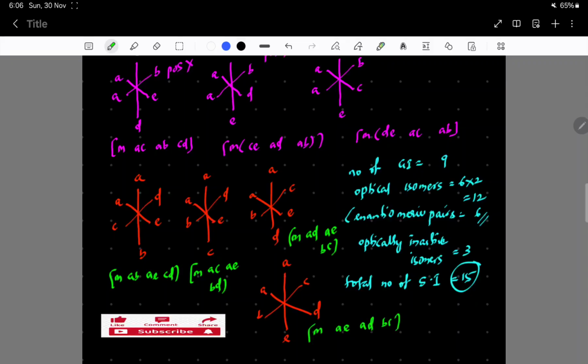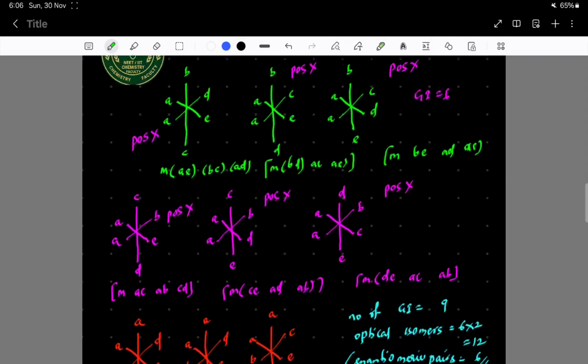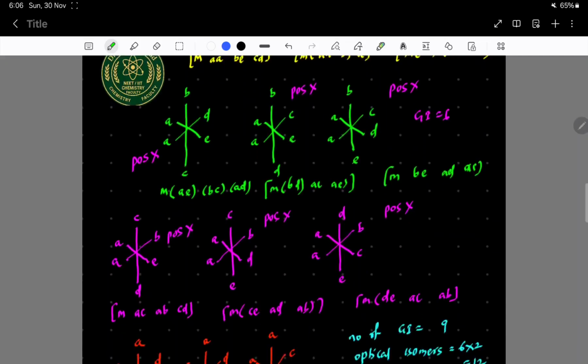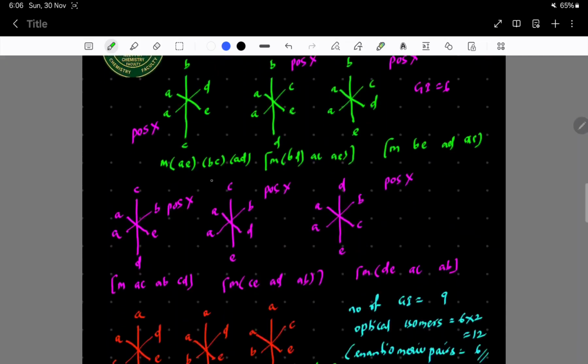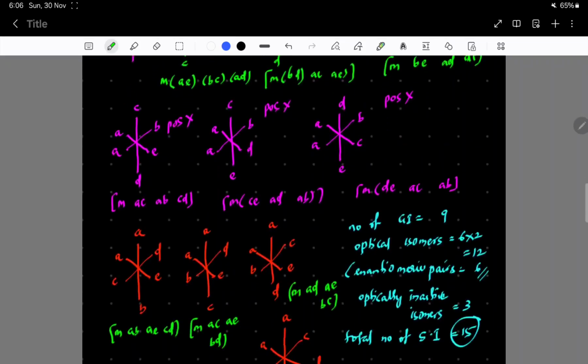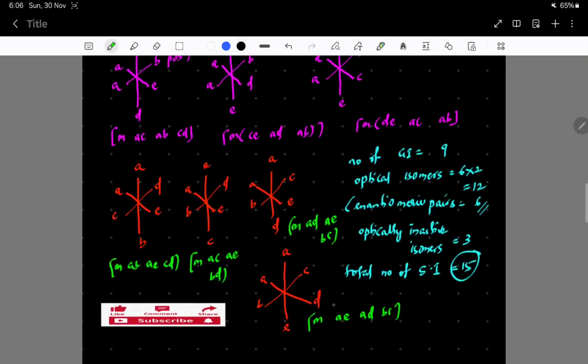Now look at these combinations above: are they repeated or not? Once we will check it. Now from this we have AB, we have AA, BC. Now you check here only. So we have the combination AE, BC, AD, which keeps appearing.